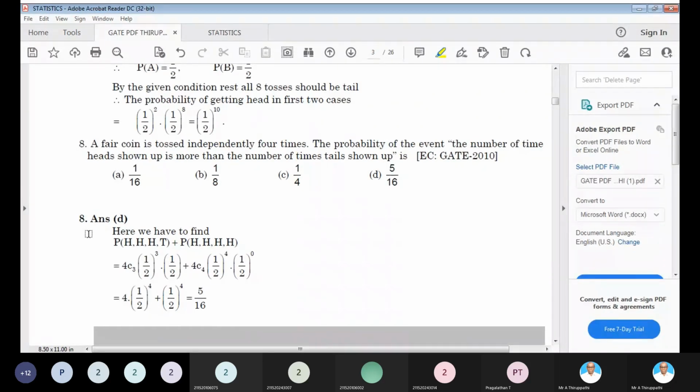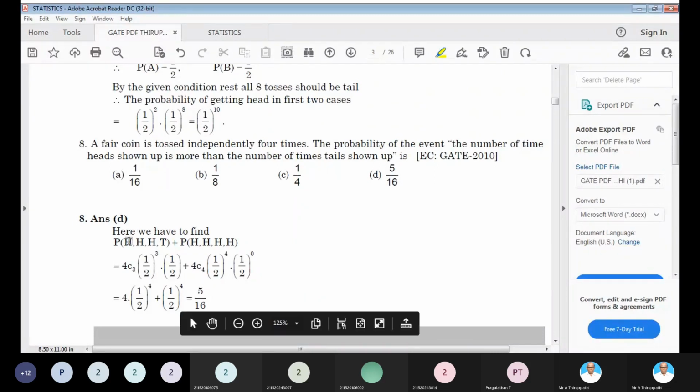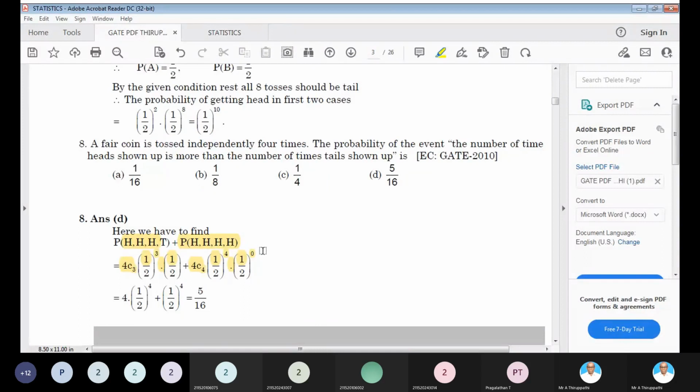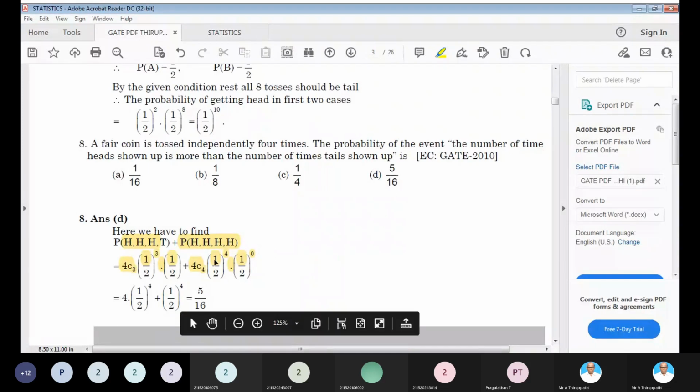So P of head. Here, how many heads are given? 3 heads are given. So 4C3 into 1 by 2 to the power 3 into 1 by 2. Now here, how many heads are given? 4 heads are given. 4C4 into 1 by 2 to the power 4 into 1 by 2. Here, heads and tails are equally likely, 1 by 2, 1 by 2. Either you can use 4Cx into 1 by 2 to the power n.